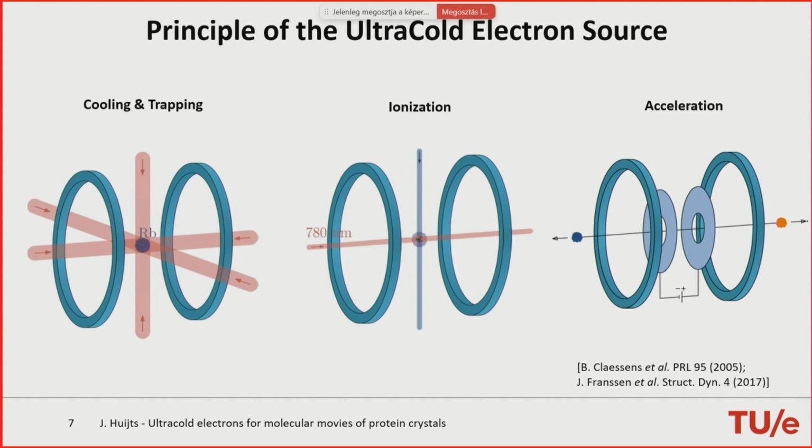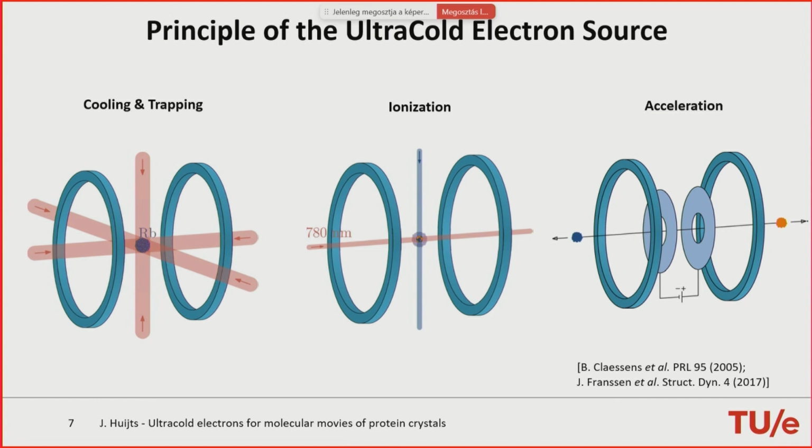So these are rubidium atoms. You get a little cloud of rubidium atoms that are really standing still in space. And then the next step is that we use 2 laser beams to ionize these rubidium atoms. So at the point where these 2 beams overlap, you create a bunch of electrons, which is also practically standing still, right? They are derived from these atoms that were already standing still.